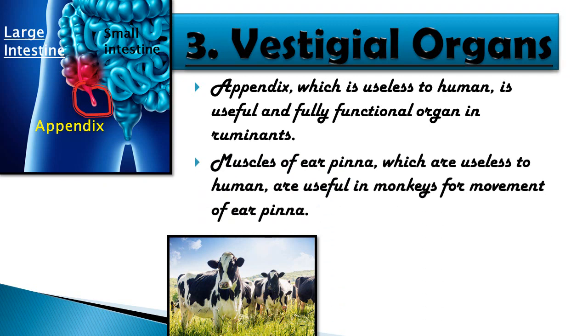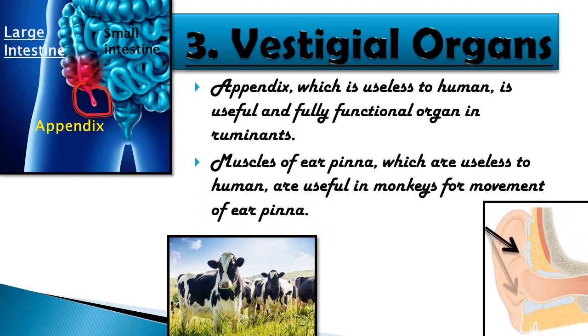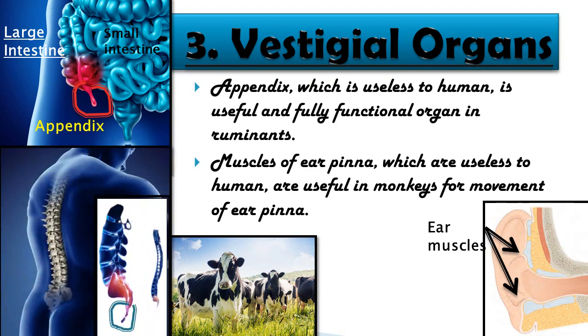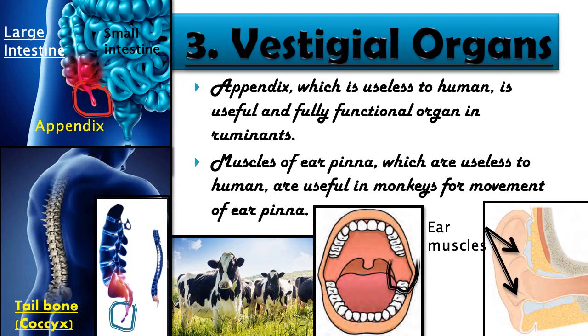The next example is the muscles of the ear pinna, which are useless to humans but useful in monkeys for movement of their ear pinna. So this is another example of a vestigial organ. Next are various vestigial organs like the tailbone, also called the coccyx, which is the end part of the backbone. And wisdom teeth. What are wisdom teeth?